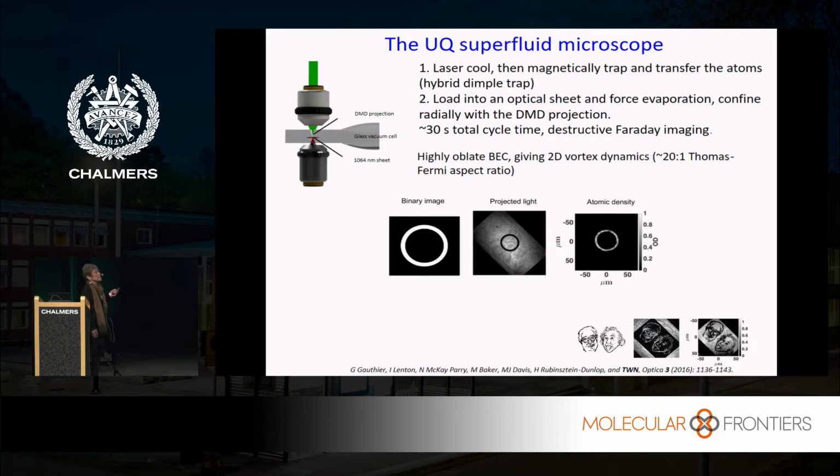But we can use, as I said, a digital micromirror device, and this is what we are doing with our cold atoms. So we laser cool our atoms first, then we magnetically trap them and transfer the atoms, so they are somewhere here, and I transfer them from this glass cell to another experimental cell under very, very high vacuum.